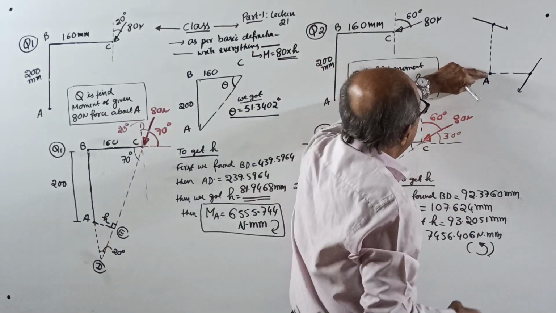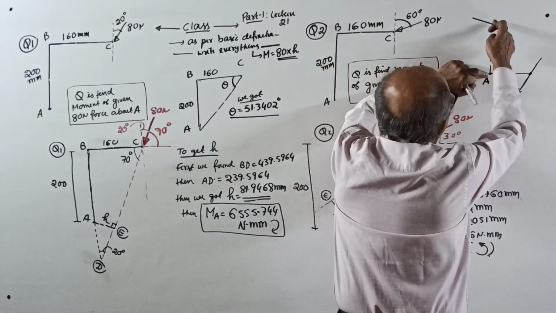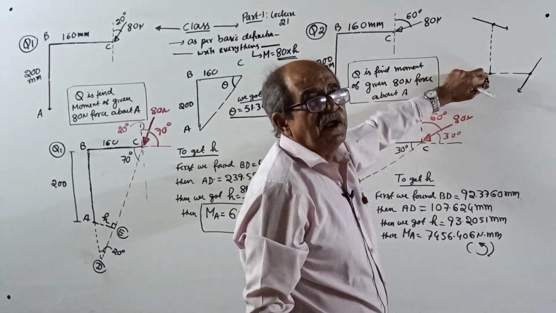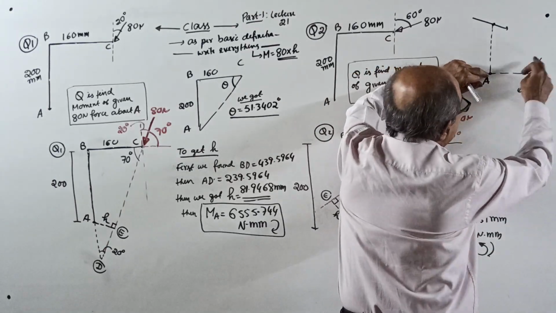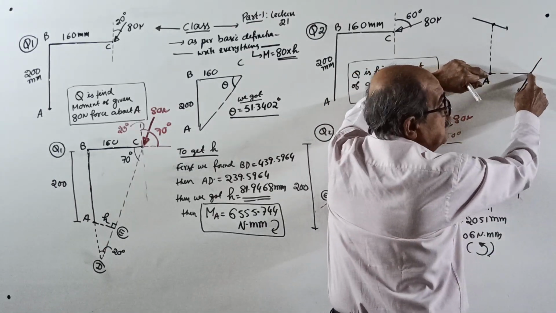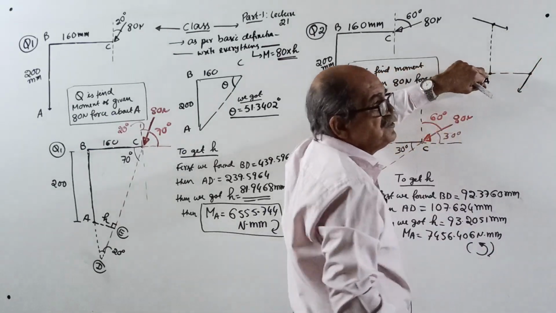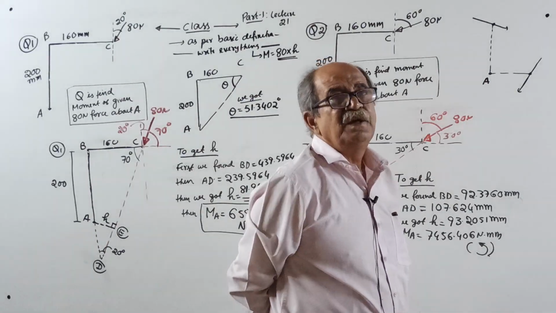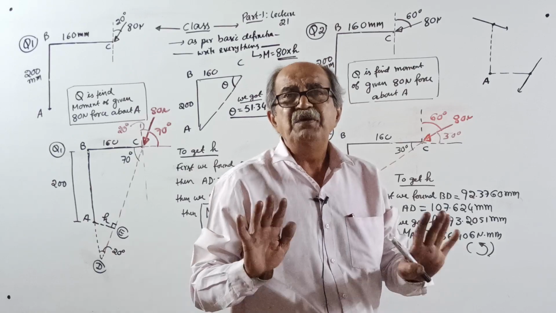So from A, you imagine a vertical line. In that line, you should know a point where the inclined force will cut, or draw a horizontal line. Somewhere in that line, if you know the point where the inclined force cuts that line, then finding moment by basic approach, that is P into h, is very, very simple.